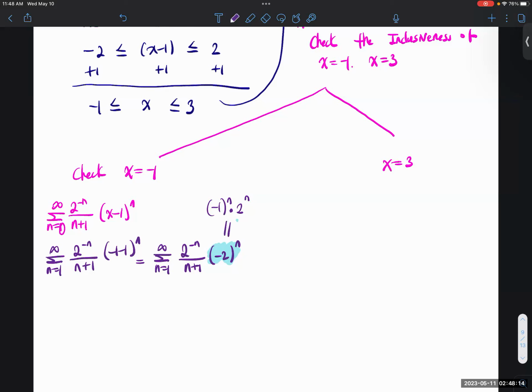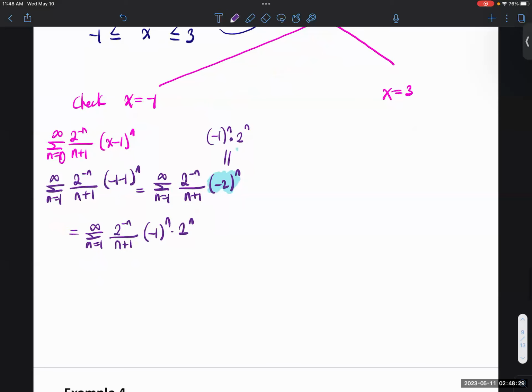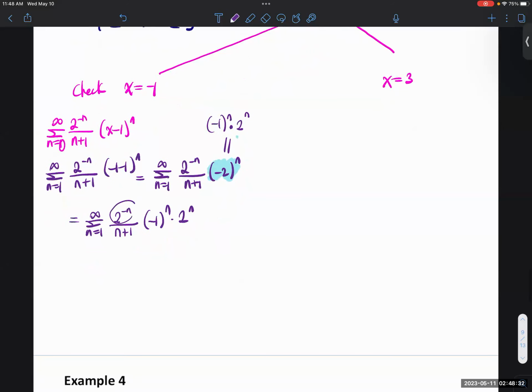So I'm going to modify it a little bit. We're almost done. 2 to the negative n over n plus 1, and then I write -1 to the n times 2 to the n. This 2 to the negative n, we can flip to 1 over 2 to the positive n, making sure to take the reciprocal, and n plus 1 is still there.